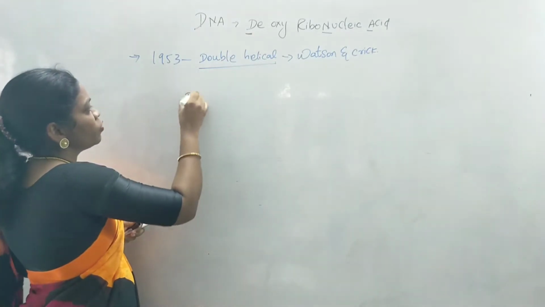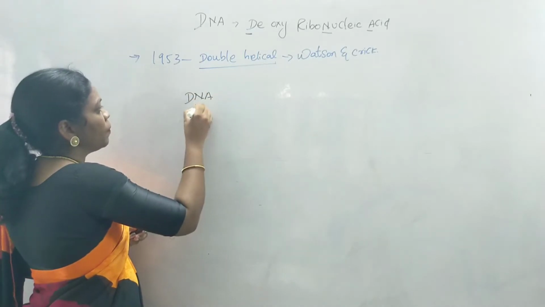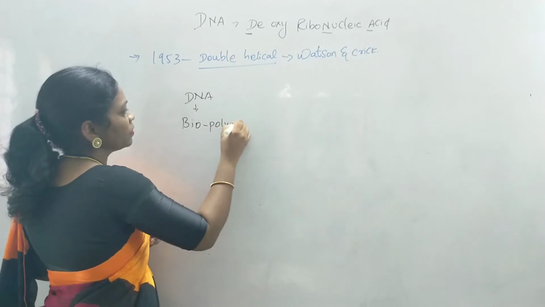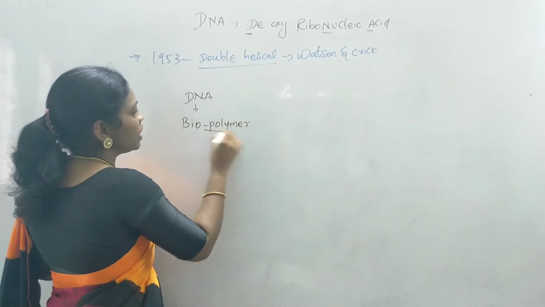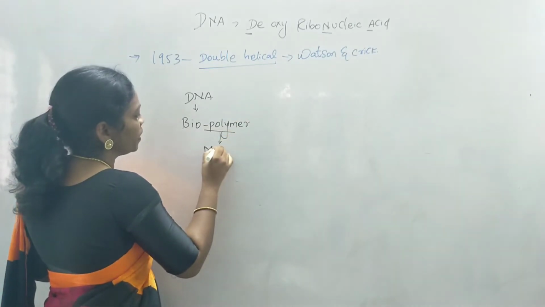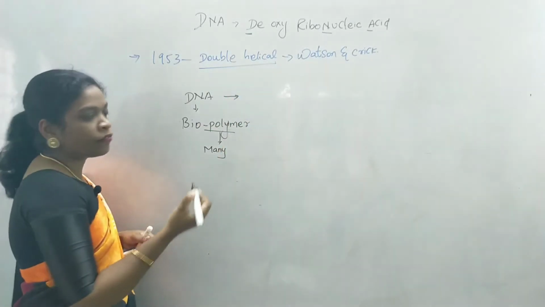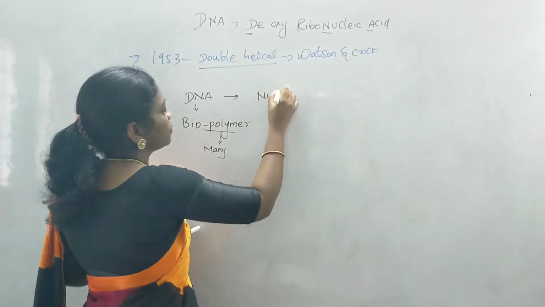The DNA is known as a polymer, or also a biopolymer. The meaning of poly is many. So the DNA is made up of nucleotides.